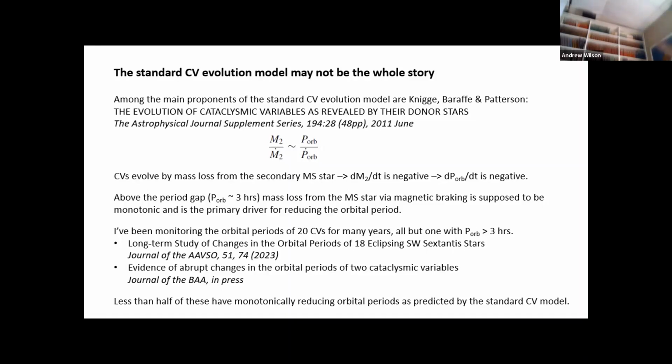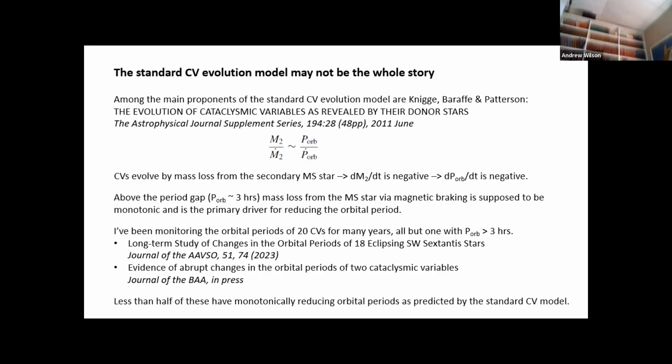Above the period gap, it's believed that that process is monotonic. According to the theory, mass just gets transferred from the secondary to the primary, or is lost from the secondary altogether. So M2 dot is negative, and therefore we should see a monotonic decrease in the orbital period of these systems.